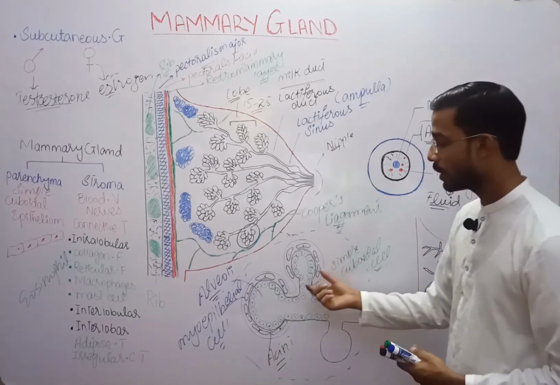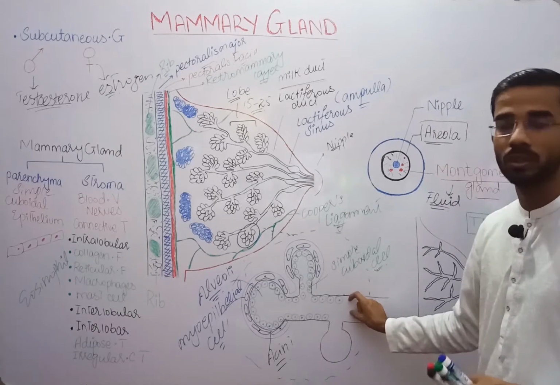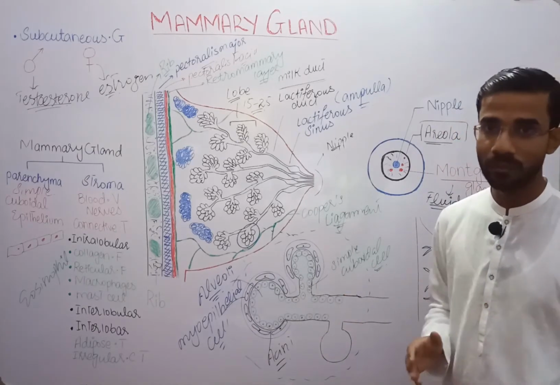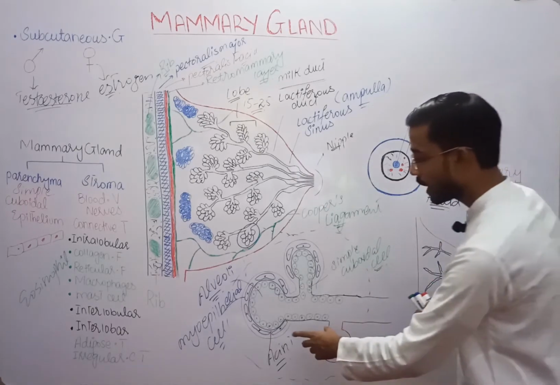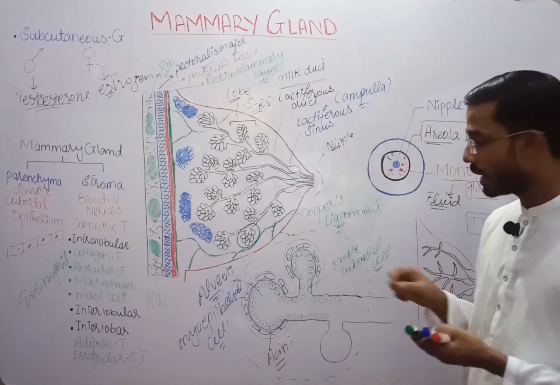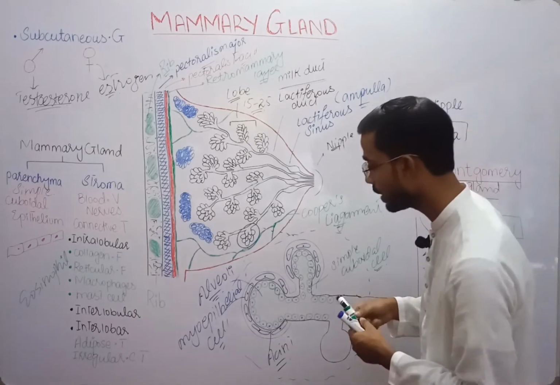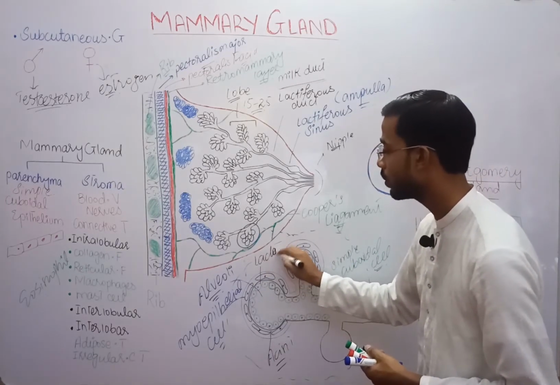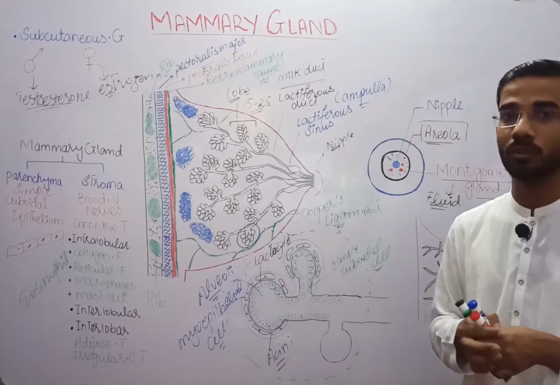Now you see there is a duct, which is actually the excretory duct, which eventually opens into the lactiferous duct and eventually outside of the body. These cuboidal cells, specifically, are called lactocytes. Lactocytes are helpful in the production of milk.